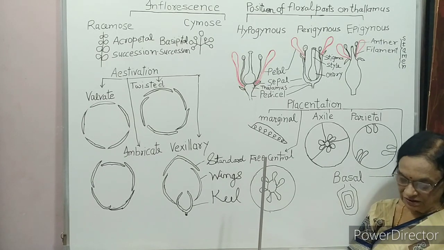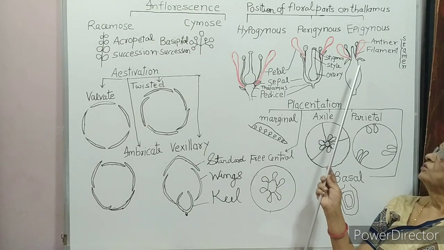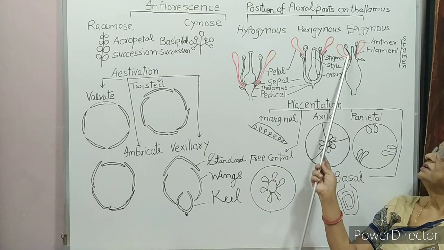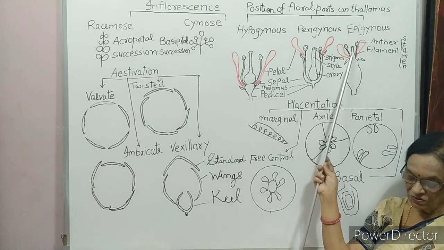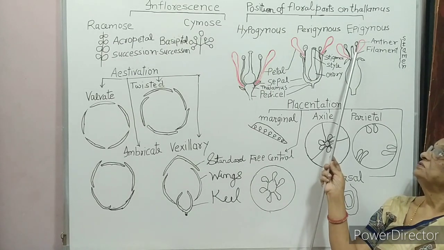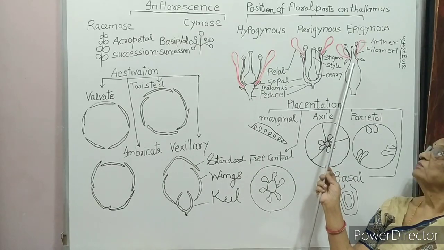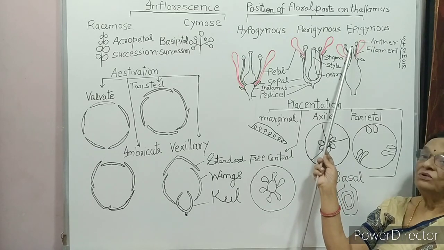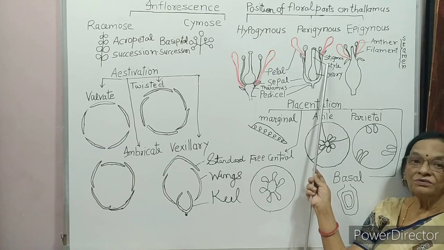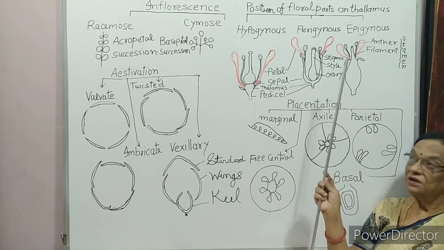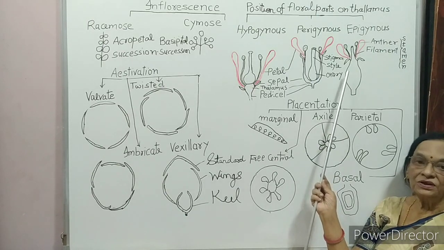In an epigynous flower, the margin of the thalamus grows upward, enclosing the ovary. So here the ovary becomes inferior and floral parts arise from the upper side of the thalamus. Such an ovary is called inferior.